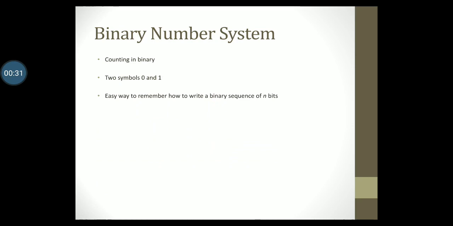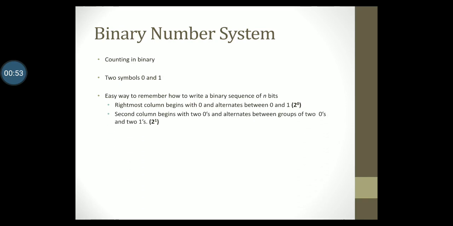An easy way to remember how to write a binary sequence of n bits is as follows. The rightmost column begins with 0 and alternates between 0 and 1. That is, 2 raised to 0 equals 1. The second column begins with 2 zeros and alternates between groups of 2 zeros and 2 ones, since 2 raised to 1 is equal to 2.